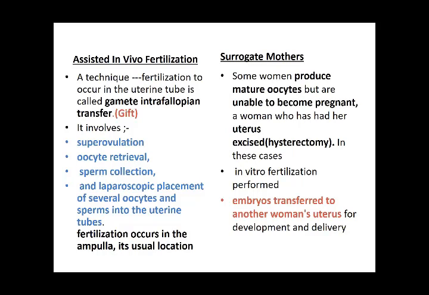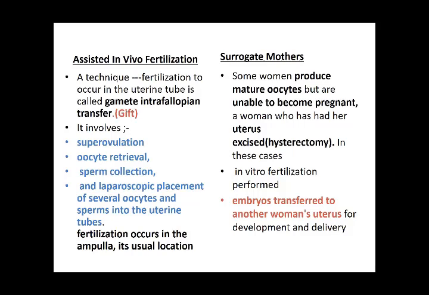So you place them in the fallopian tube and produce fertilization in the ampulla, the usual location. So you transfer the two gametes into the fallopian tube where fertilization occurs, and then the process goes on. So that is called GIFT.